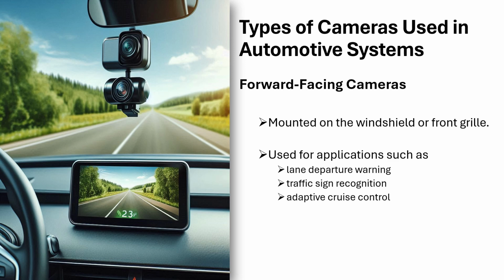If you're on the driver's side, this camera is mounted in front of you and looks forward. It monitors the lane as the car moves forward, and recognizes traffic signs, and adaptive cruise control adjusts the distance according to the car or any obstacle in front.